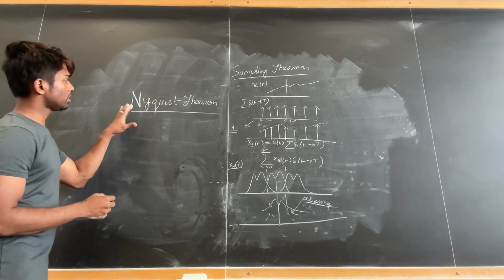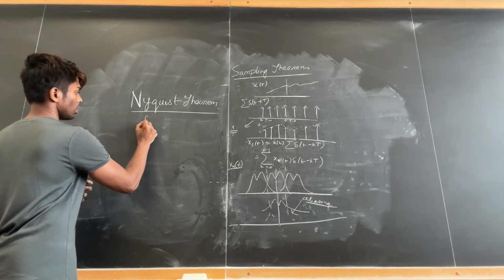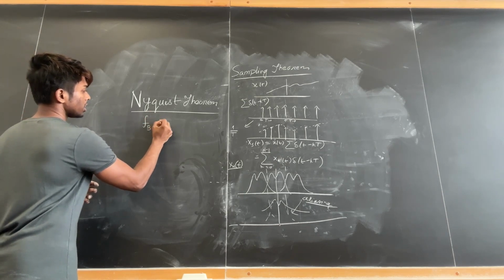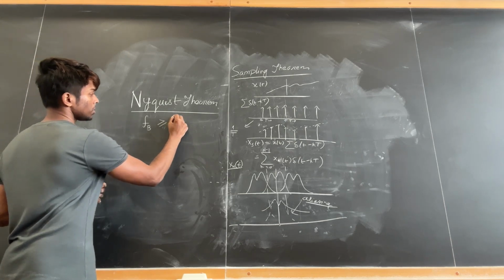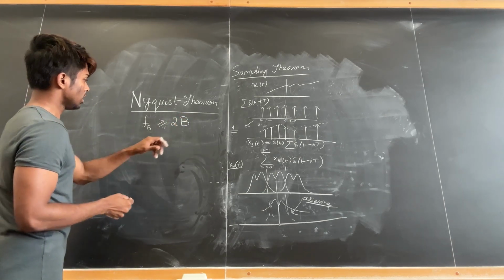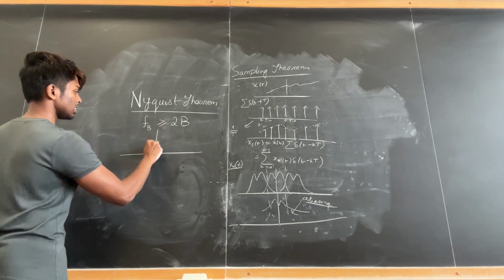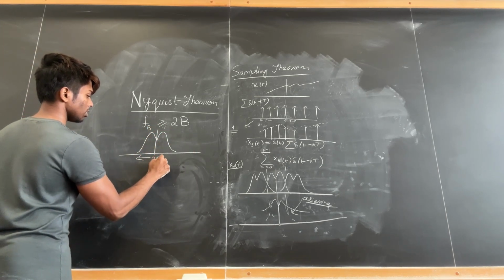This Nyquist theorem says the sampling frequency Fs should be greater than or equal to twice the maximum frequency component of the input signal response. So let's say the input signal response has a maximum frequency component of b.